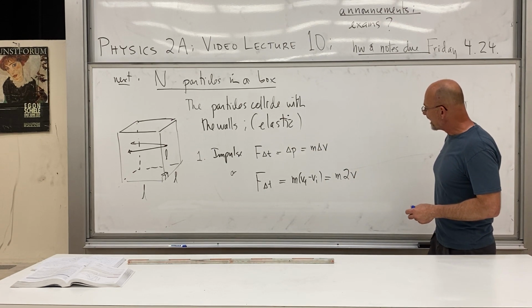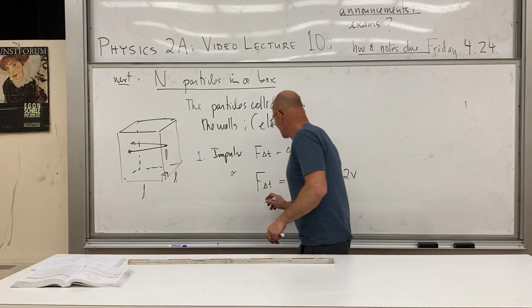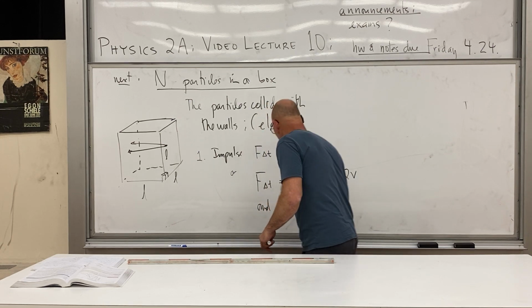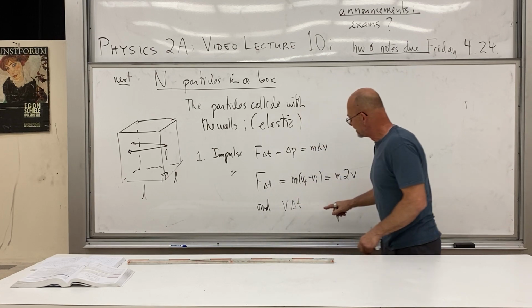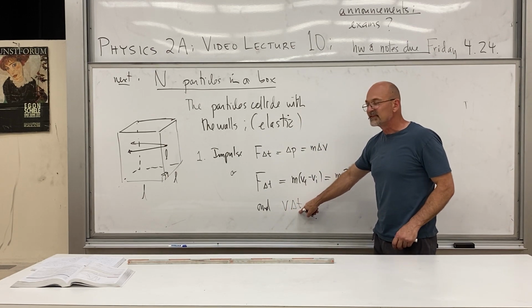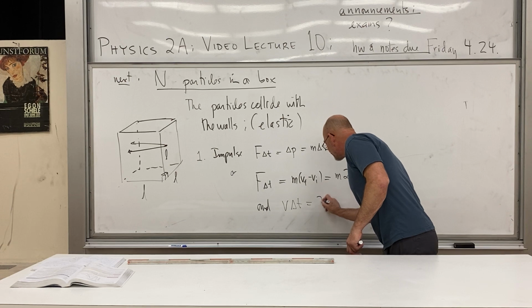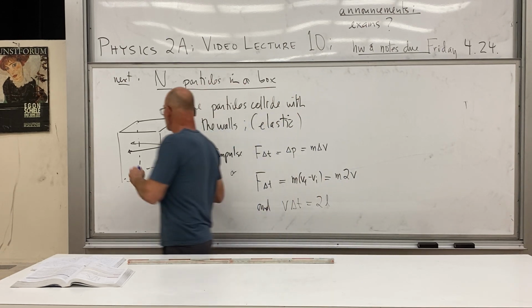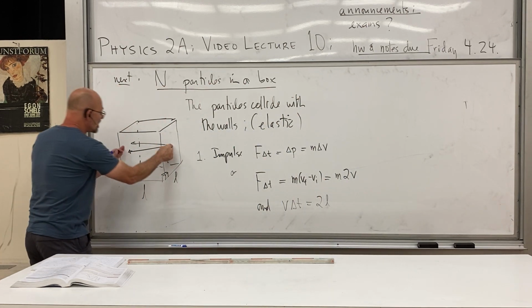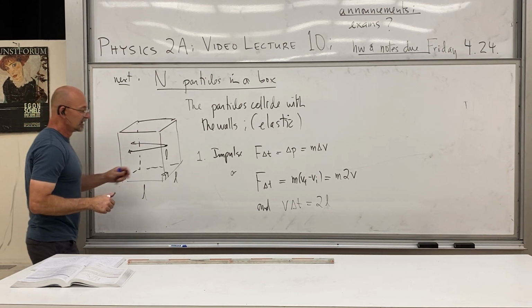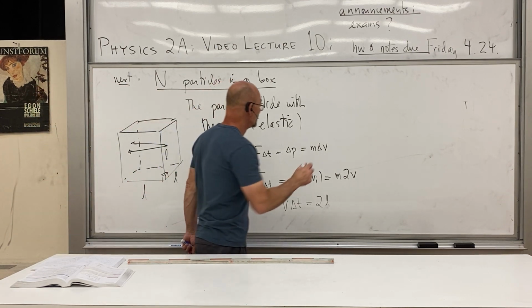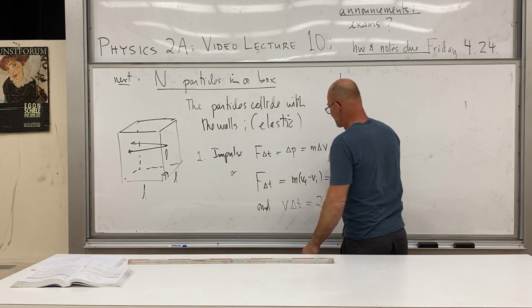Okay, what about the delta T? Well, we can say that V times delta T, speed times time is a distance, and we're going to say that's 2 times L because the particle's flying, hitting the wall, and flying back again. So the delta T for each of these collisions is as given right here, and we can take this up to the top of the board.